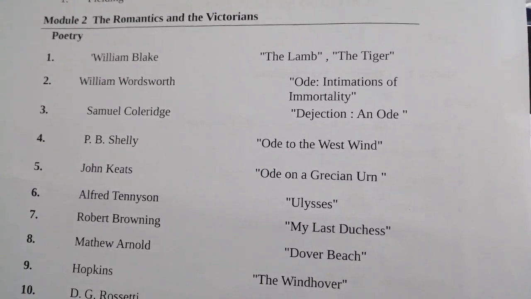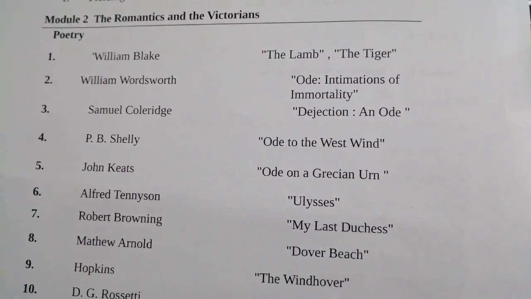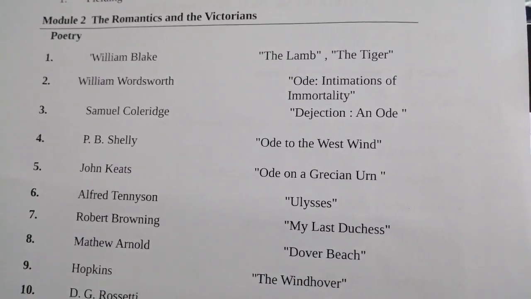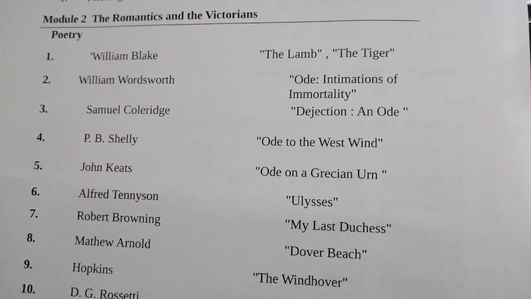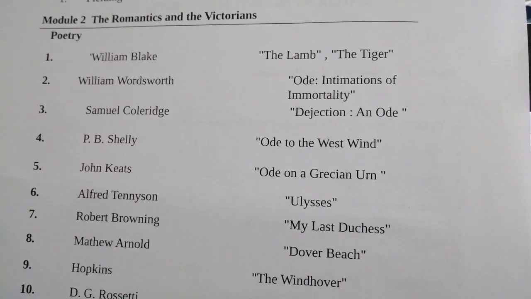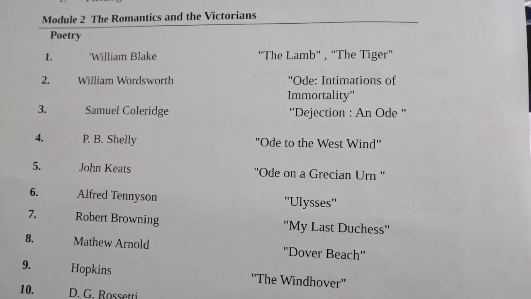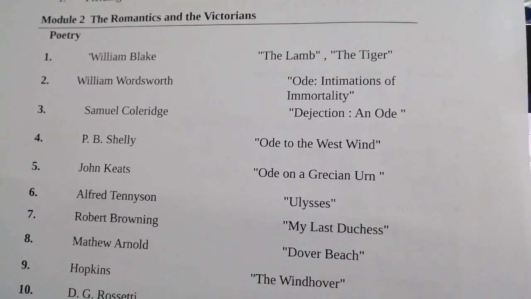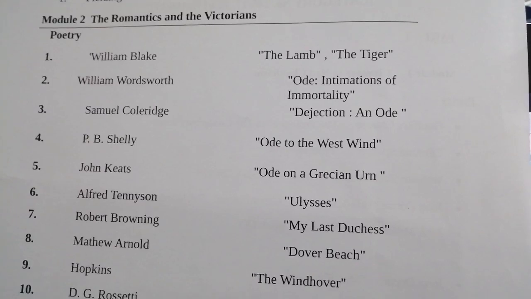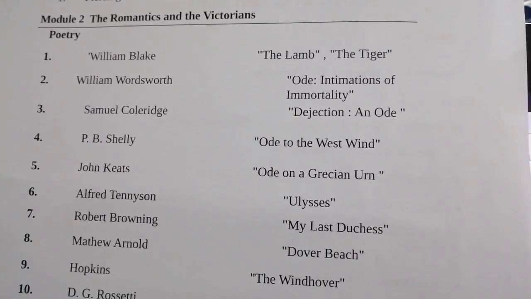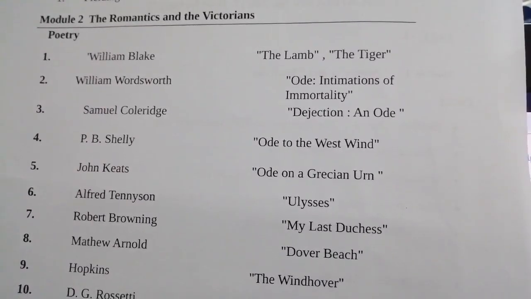So here, in the genre of poetry, William Blake's The Lamb and The Tiger are included. And from William Wordsworth, Ode: Intimations of Immortality. And from Samuel Coleridge, Dejection: An Ode. From P.B. Shelley, Ode to the West Wind is also included.